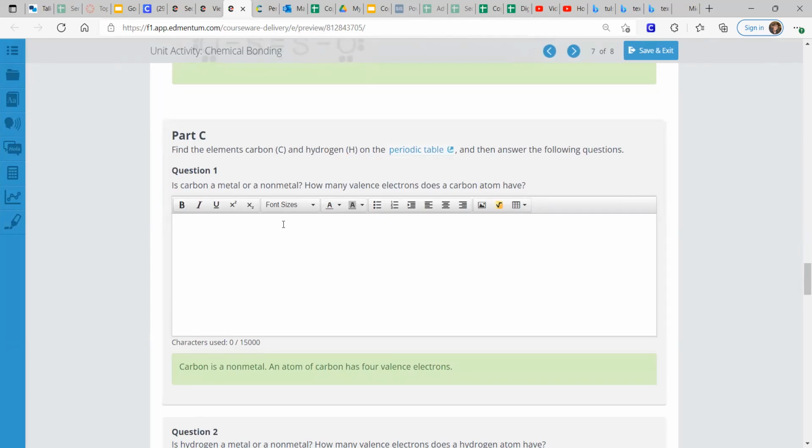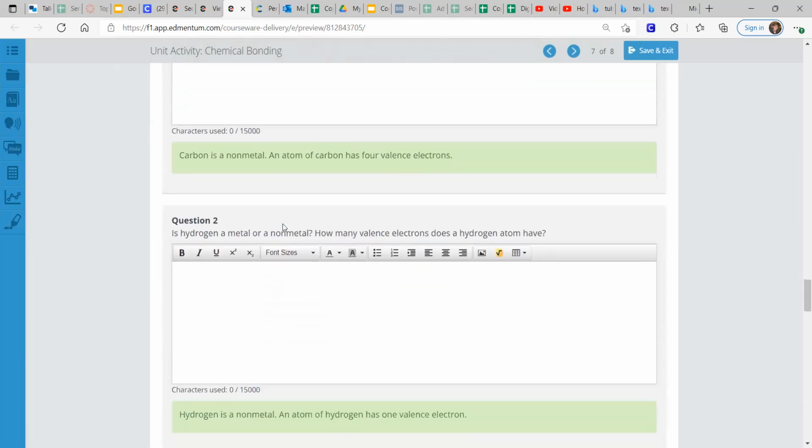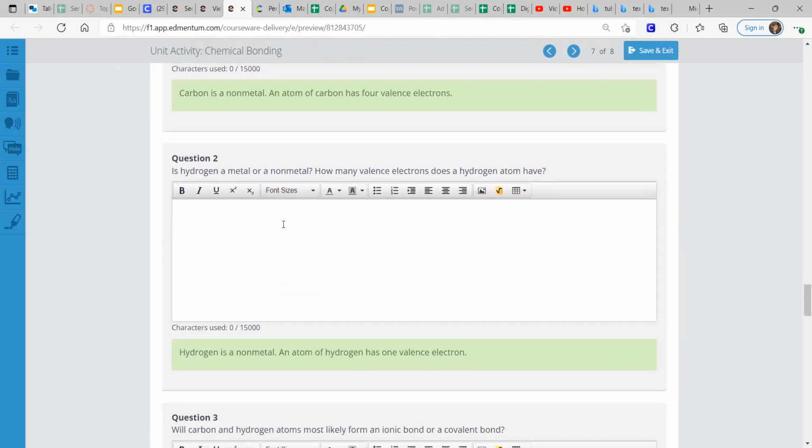Part C, find the element carbon and hydrogen on the periodic table and then answer the following questions. Is carbon a metal or a non-metal? Carbon is a non-metal and it has 4 valence electrons. Hydrogen is a non-metal.